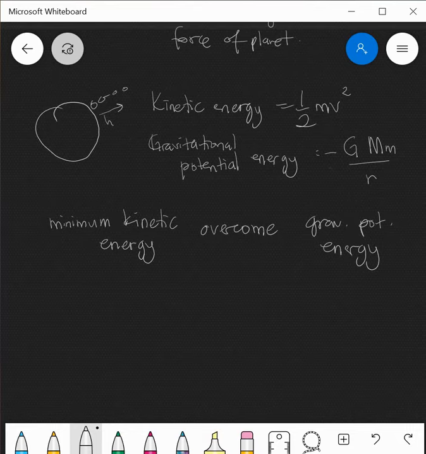Okay, kalau dia ada tenaga kinetik yang cukup untuk mengatasi gravitational, dan dia adalah escape velocity tu, means that it can escape from the surface of the planet. Dia boleh lari. Okay, so kita tukarkan ini kepada equation. So minimum KE plus gravitational potential energy equals to 0. Okay, tukarkan jadi half mv square plus minus GMm over r equals to 0.